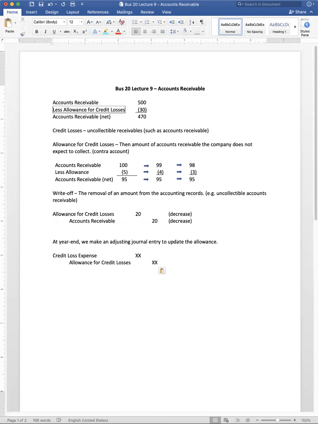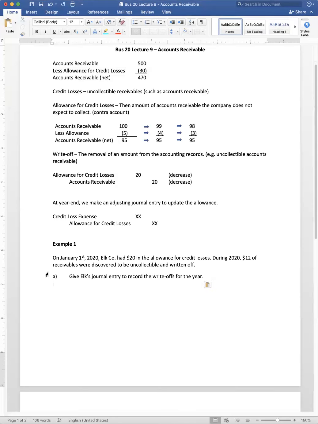Okay, I know this is all kind of theoretical, so let's do an example. We'll start with example 1. On January 1st, 2020, Elk Company had $20 in the allowance for credit losses. During 2020, $12 of receivables were discovered to be uncollectible and written off.